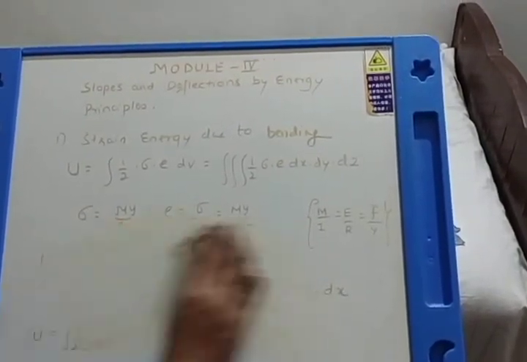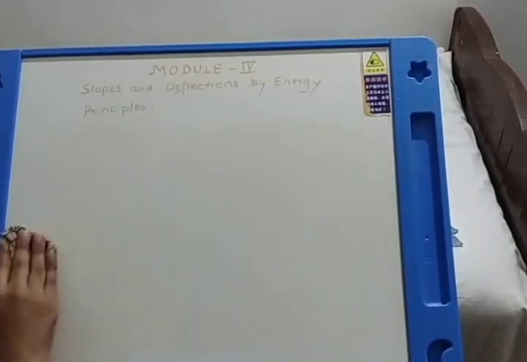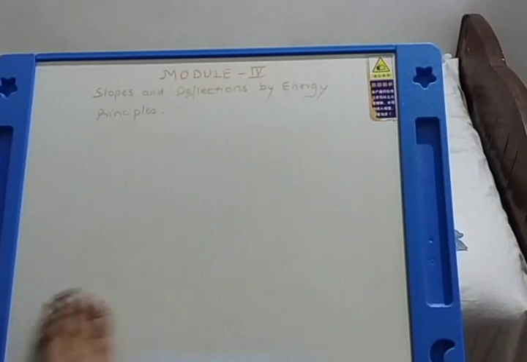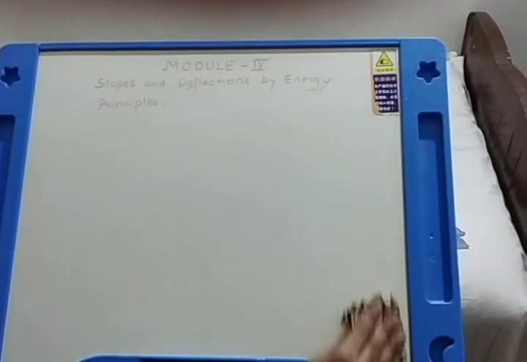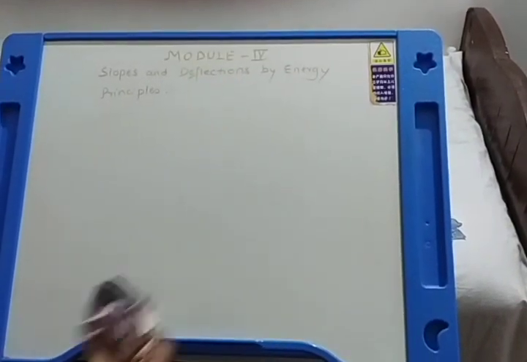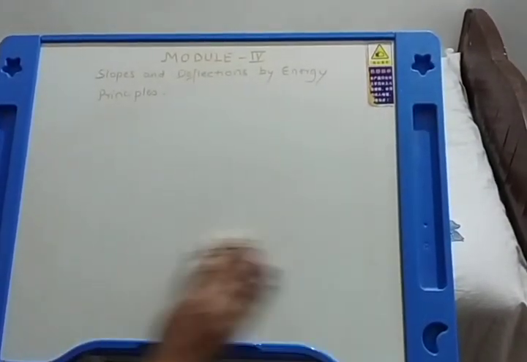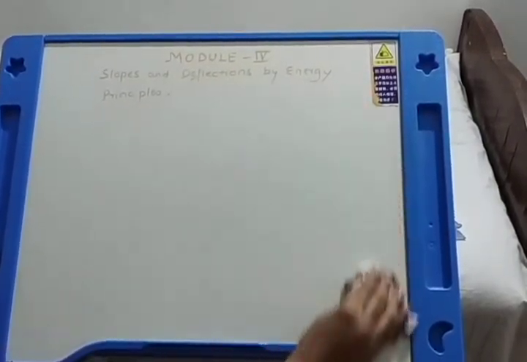Now what we will do is, these two are the main important expressions for strain energies, and now we will see how we can apply these equations to find out slopes and deflections. Now I will take a small example of finding deflection using the strain energy method.